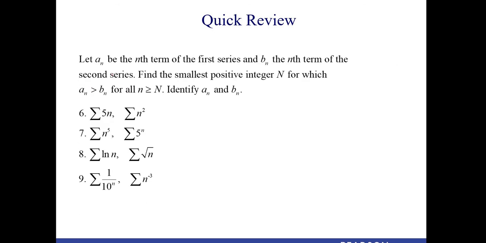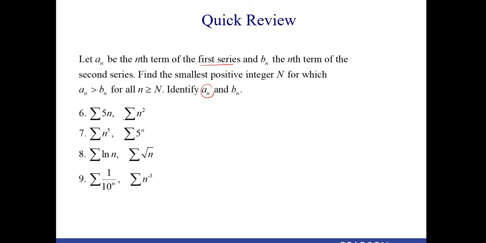This group, we are looking for a value n that would be a point at which one of these functions would always be larger than the other. So the first thing we have to do is identify which, and it says the first series, and what it really means is the series that will eventually become larger than the second.